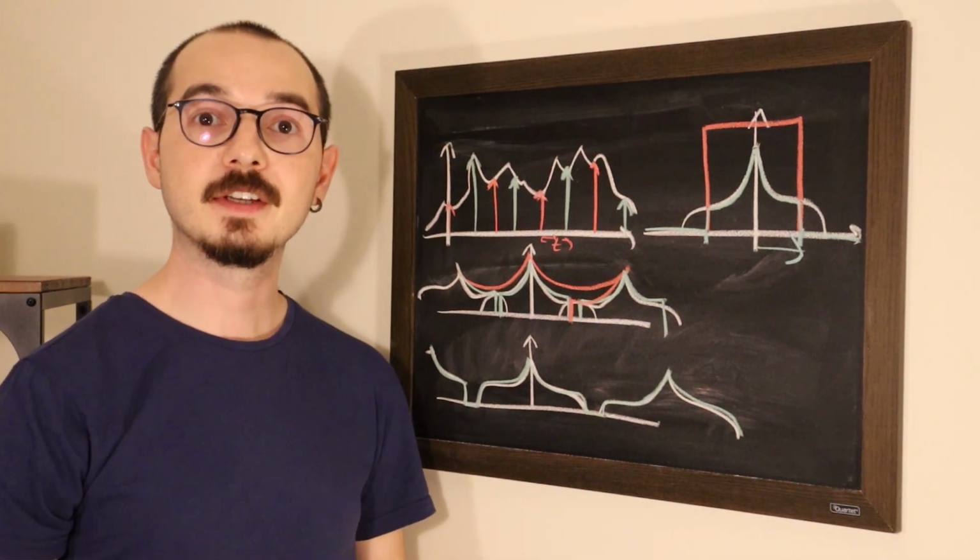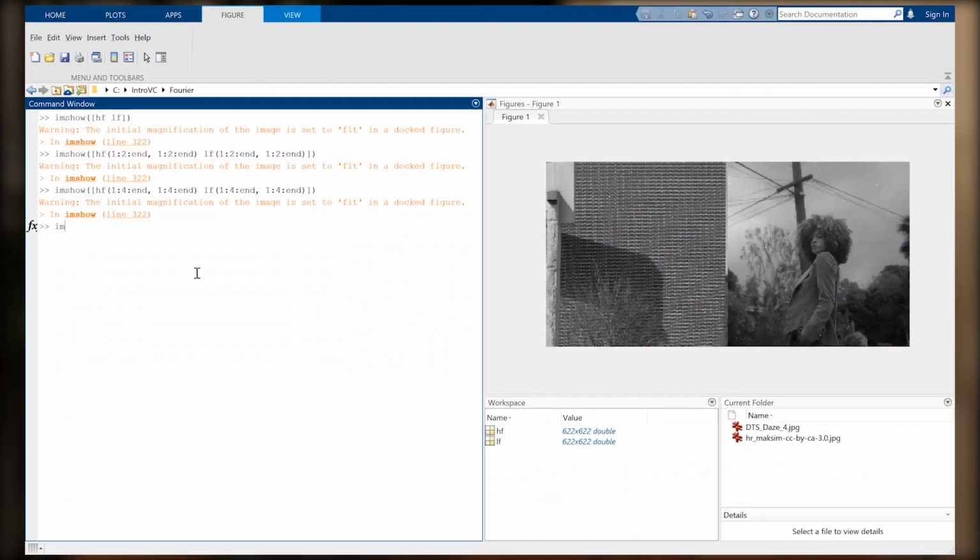Let's see how anti-aliasing works in Matlab. We can have a look at the frequency responses to check. Actually, let's do this.